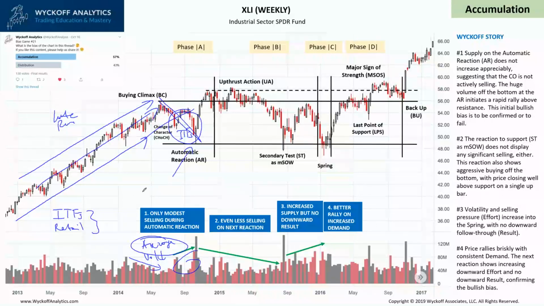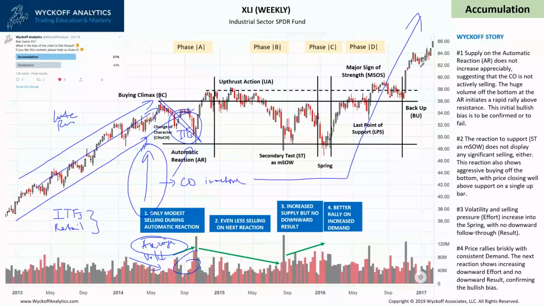So therefore, there is no big exchange of shares at this point on the climactic action, on the stopping action itself, because CO is mostly inactive. CO is holding this position in anticipation that the price will continue up from here as we go through the trading range.